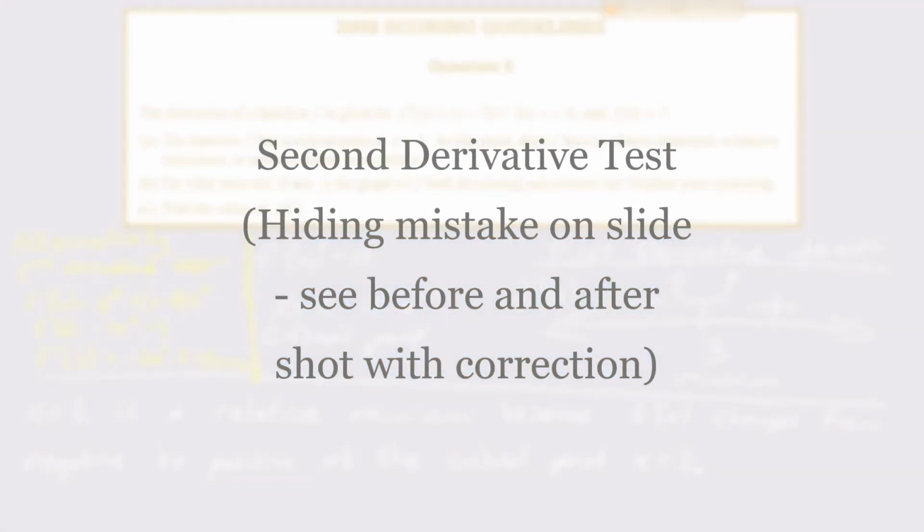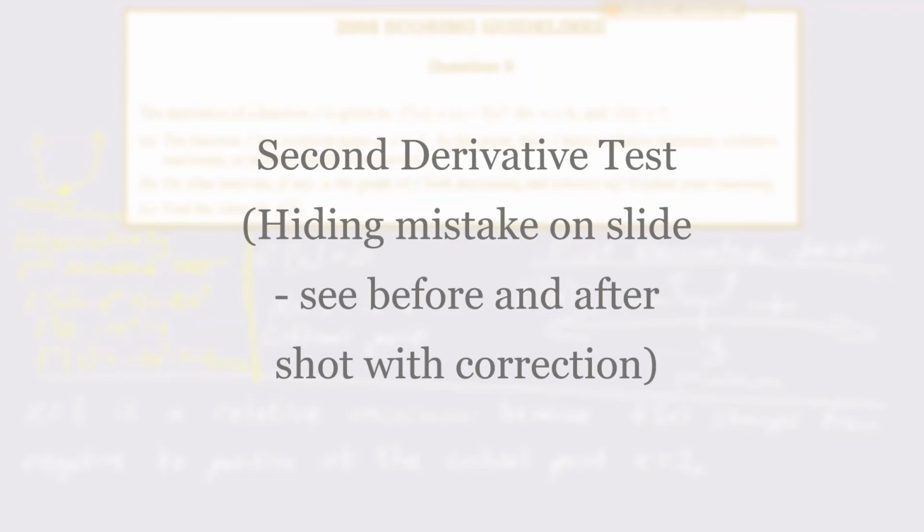If I have a point where our slope is 0 and my concavity is positive, then I should have a relative minimum at that point. Now, for this problem, I definitely would have used the first derivative test. It's way easier.